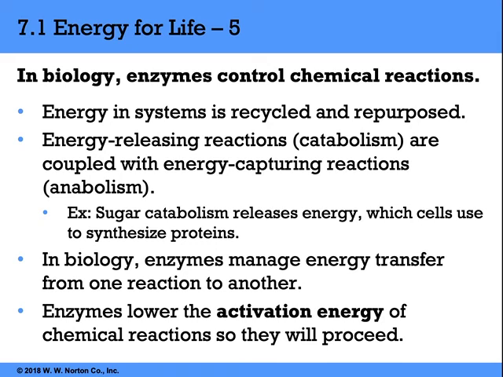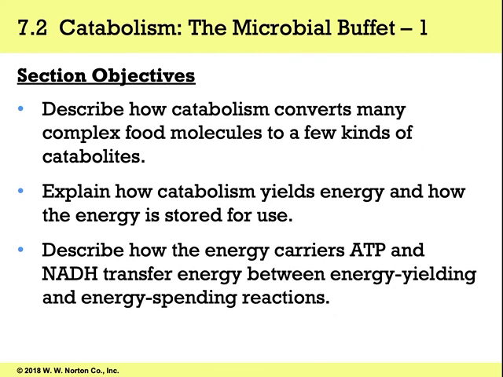For chemical reactions that are endergonic, meaning energy consuming, we need energy from some other reaction, usually an exergonic reaction, in order for the reaction to proceed. And so enzymes let that happen, right? Enzymes can steal energy from an energy yielding reaction and then use that energy to do the work of an energy consuming reaction. And generally that energy is provided in the form of ATP.